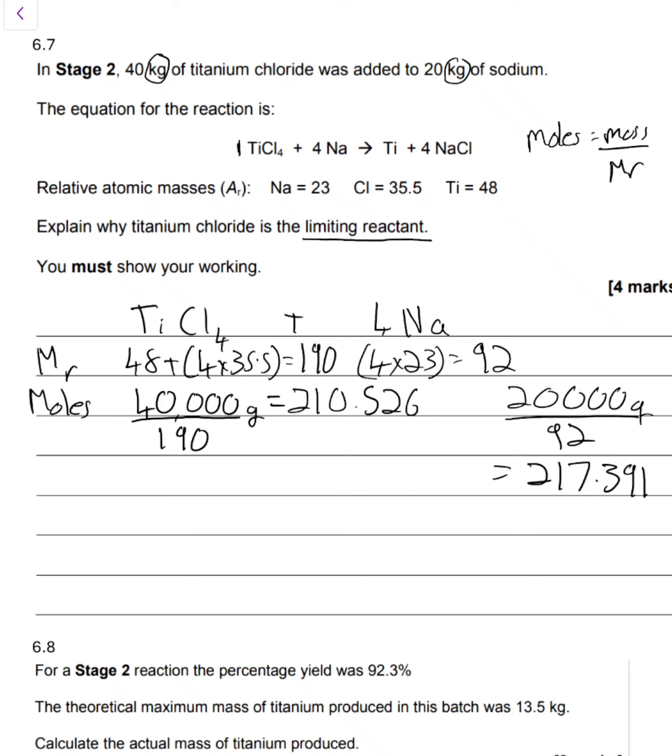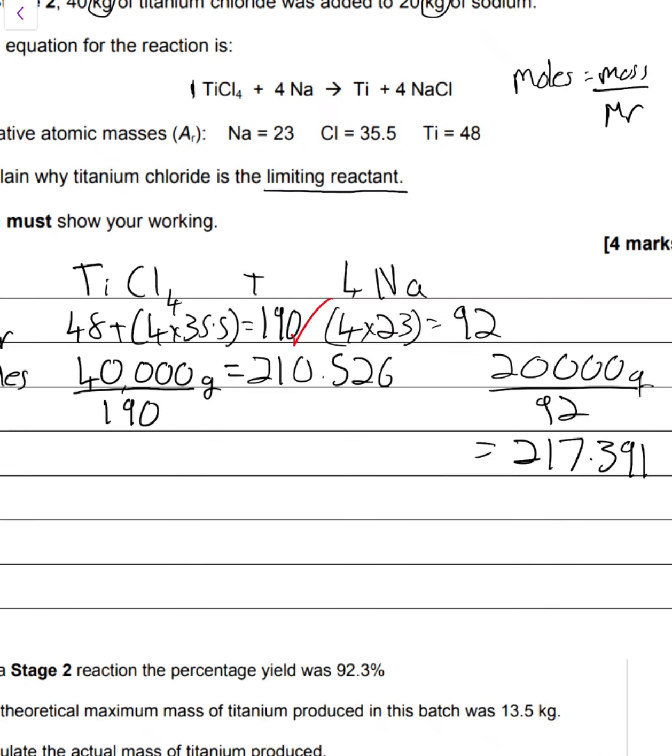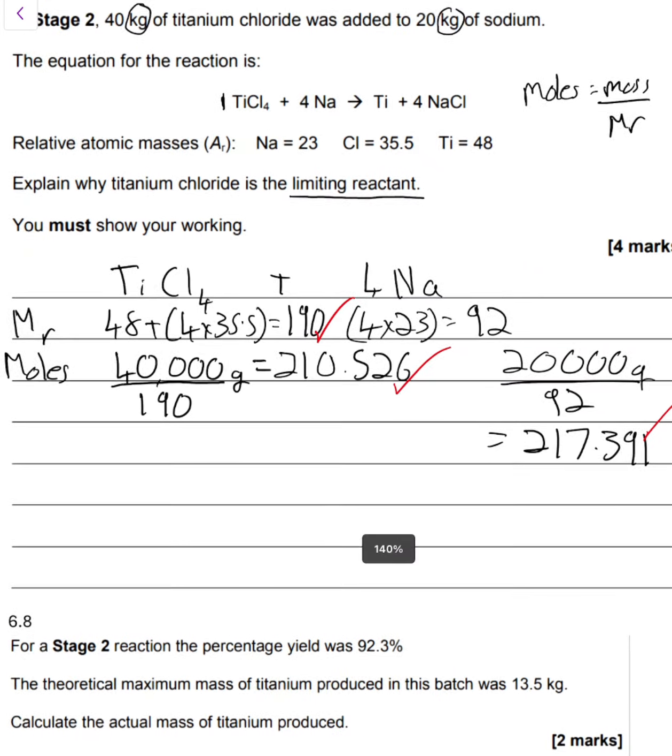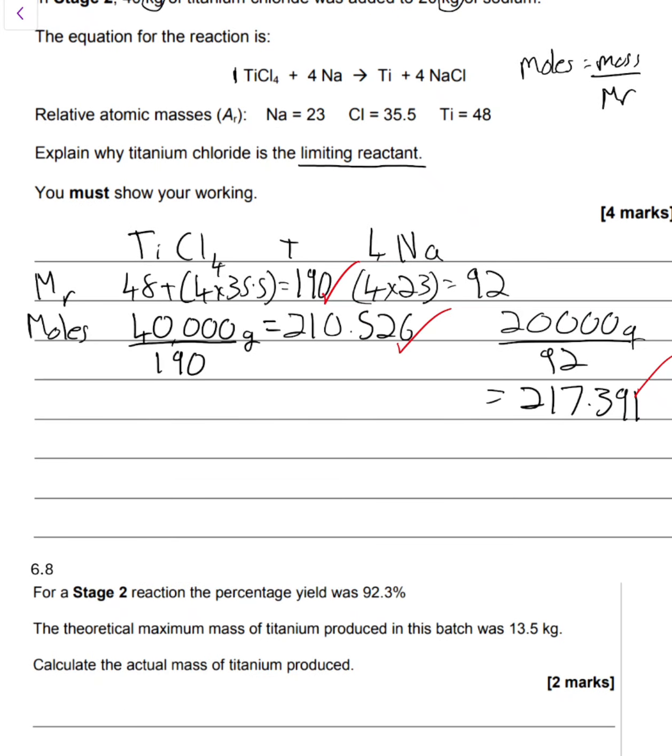So for all of the titanium to be reacted, it would need to have 4 times that number of moles of sodium. So far, actually, we've got 3 of the 4 marks. We've got 1 mark for working out this, 1 mark for working out this and 1 mark for working out this. So if you have not calculated the masses in grams, you've already lost 2 marks here.